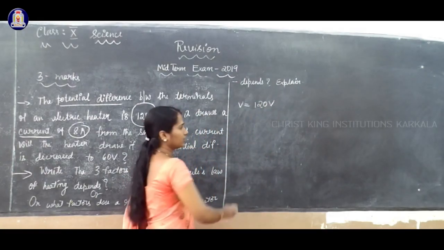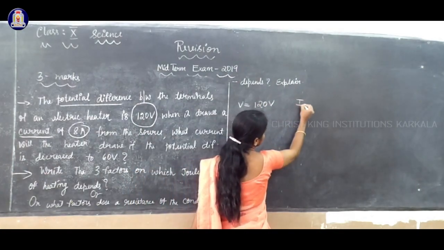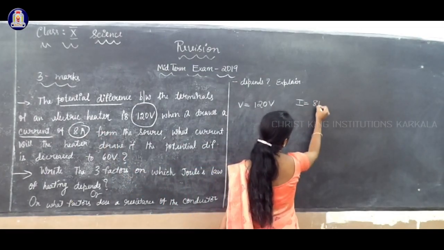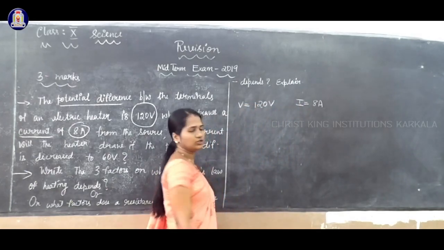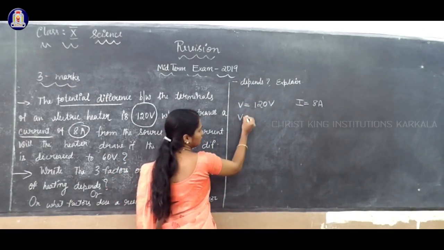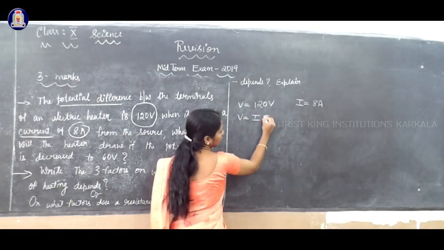The current symbol is I, which is equal to 8 ampere. Using this current and potential difference, we find the resistance. Ohm's law equation: V is equal to I into R.